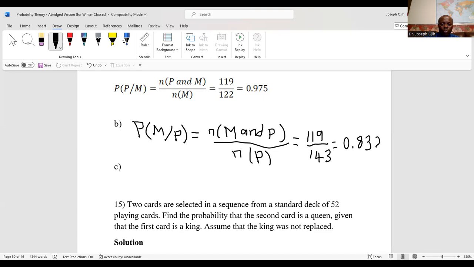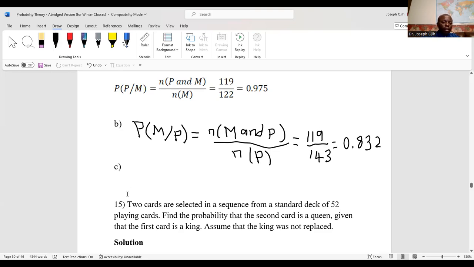So that means there is an 83.2% chance that a subject who uses marijuana will test positive.